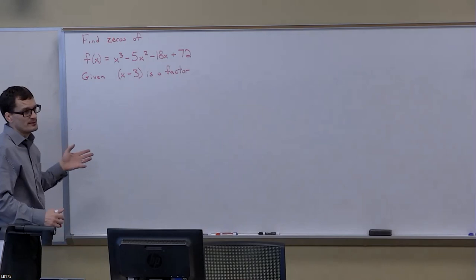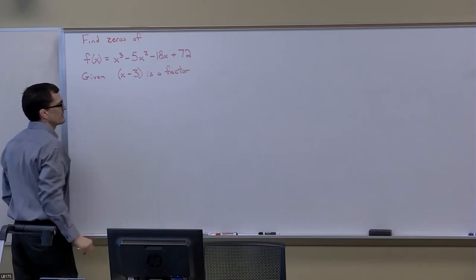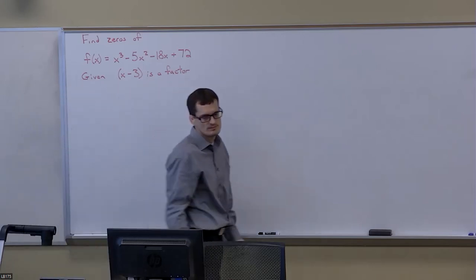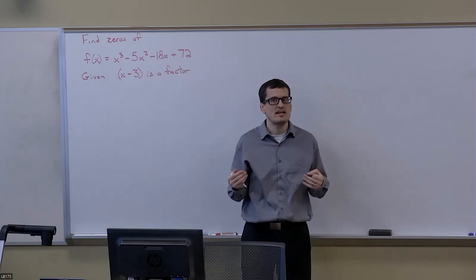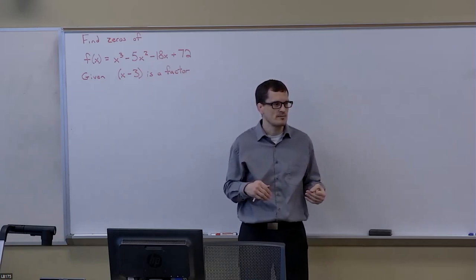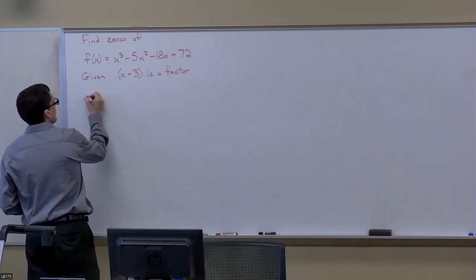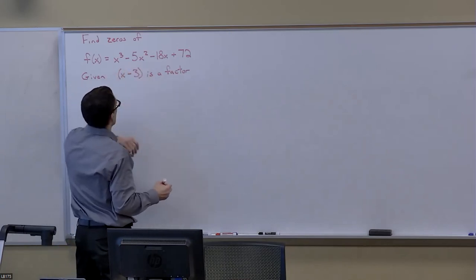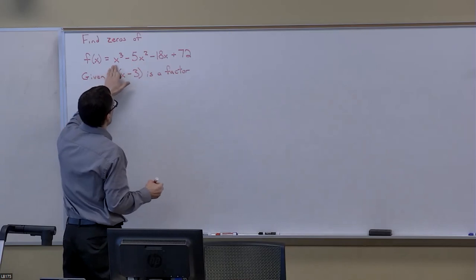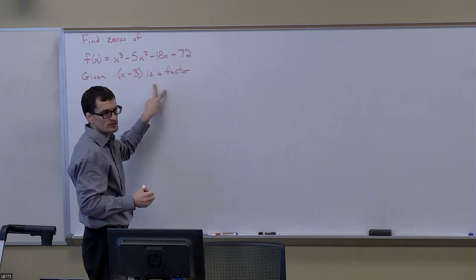So here's what I would do. If I know x minus 3 is a factor, then I know that polynomial can be divided by x minus 3. In other words, this whole polynomial is going to be this times a quotient.